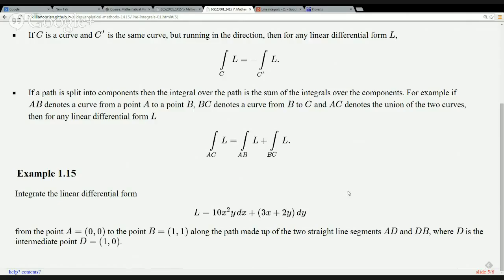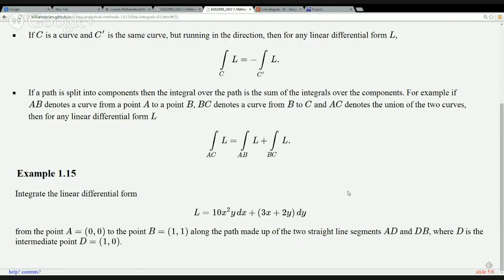So the description of the two parts of C is different, and that's why we need to split up the integral in order to evaluate it. Okay. So on C1, the linear differential form L, well, you just ignore everything with y in it.